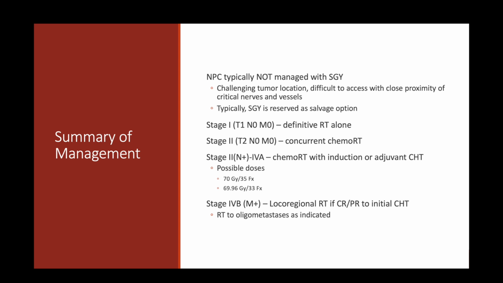So there is actually data that definitive local regional radiation improves outcomes in patients even with metastatic nasopharyngeal cancer if they have a complete or partial response to initial chemotherapy. And then we can also employ radiation for oligometastases as indicated. So those are just some unique features about the treatment of nasopharyngeal cancer. But otherwise, the principles that we apply are largely the same as what we have discussed in our general principles talk.